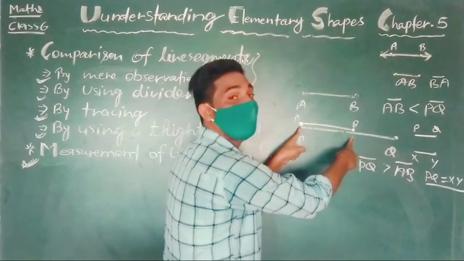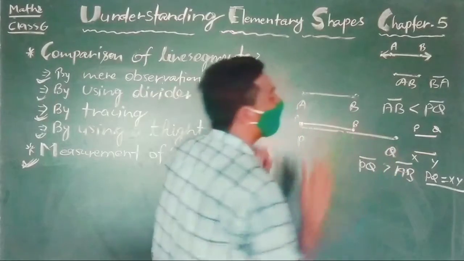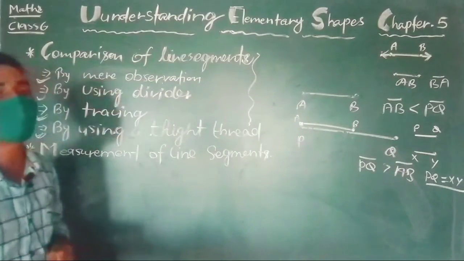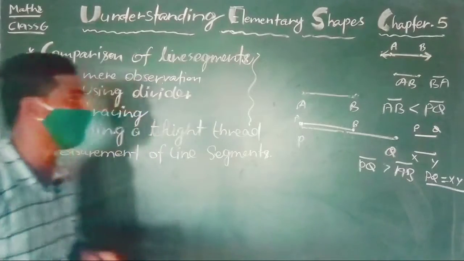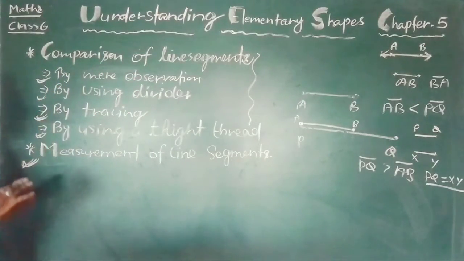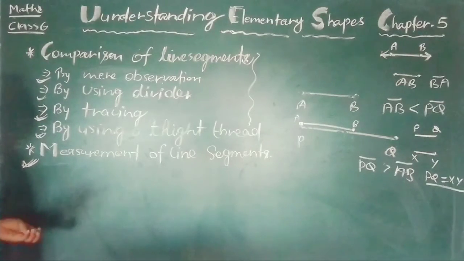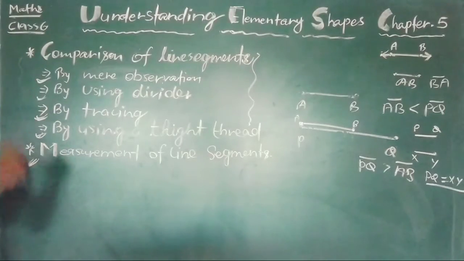So we can say this AB is smaller than this PQ. So by the thread also we can practically find which line segment is smaller and which is greater. These were the practical ways.